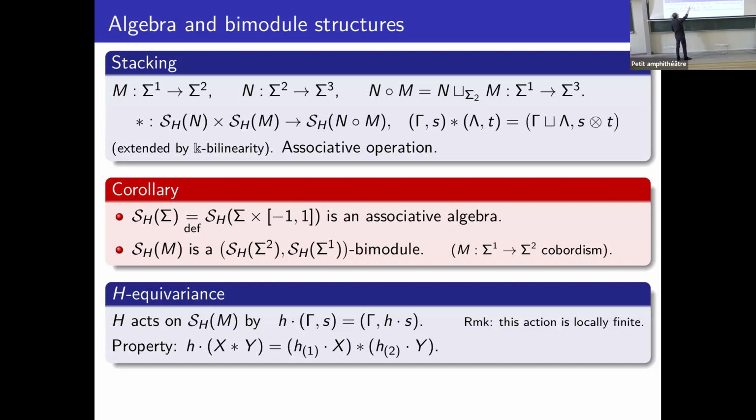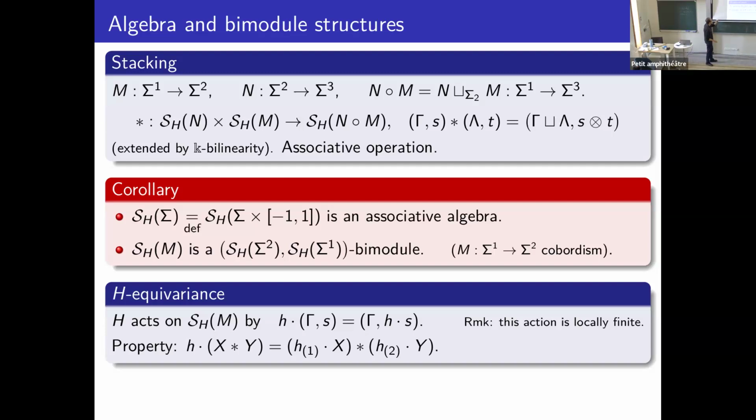The action of an element of the ribbon algebra H on a stated skein is just the action on the states. In this way, SH of M becomes an H module. Just a remark, the action is locally finite, meaning that every element has a finite orbit, because the states are elements of a finite dimensional H module by definition. So the action is locally finite.